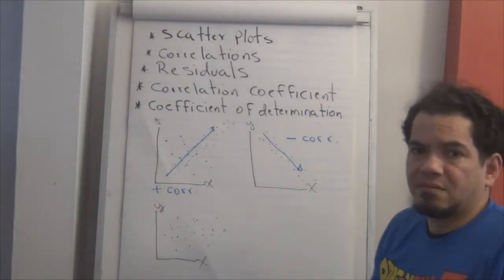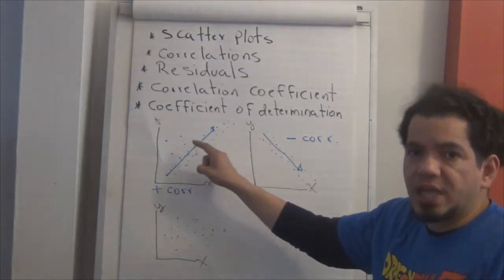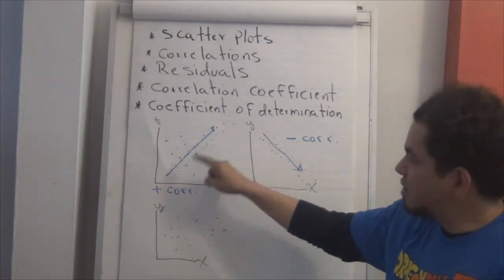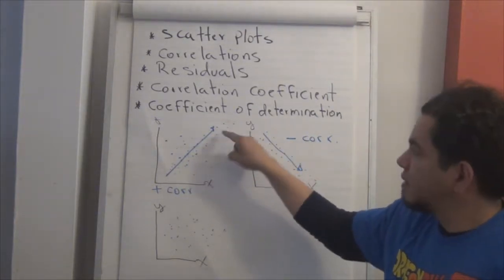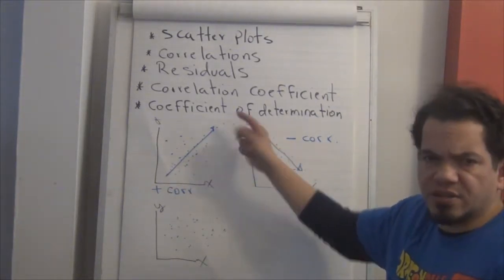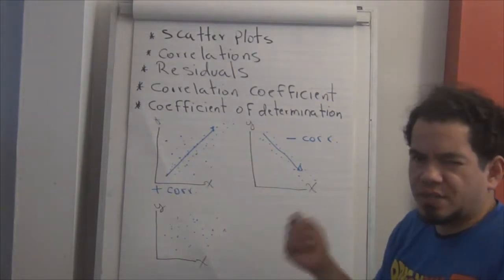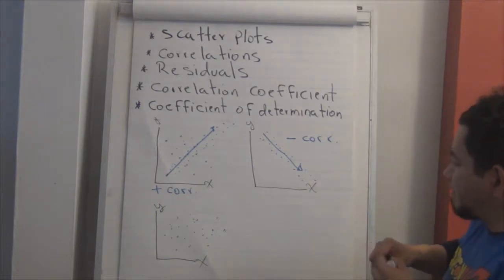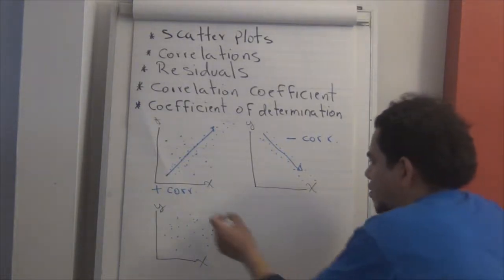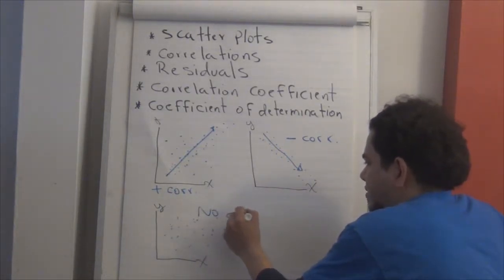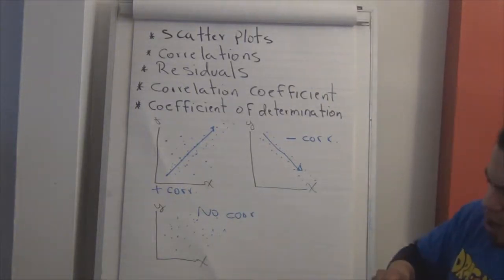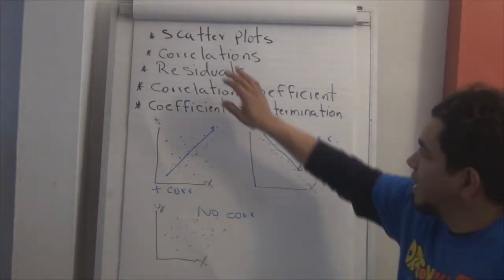If I was to plot the points, as I sold more apples, the stock market kept on rising. So we're going to have a positive correlation, but that doesn't mean that one causes the other. Keep that in mind. And here we have no correlation. So now you know what a scatterplot is.